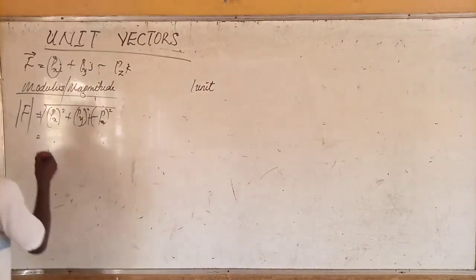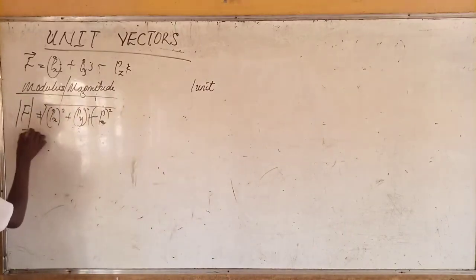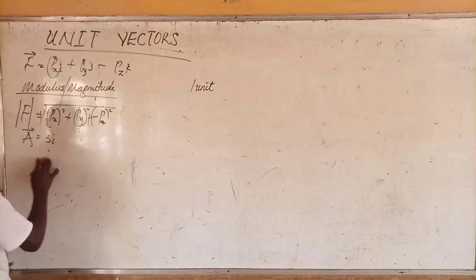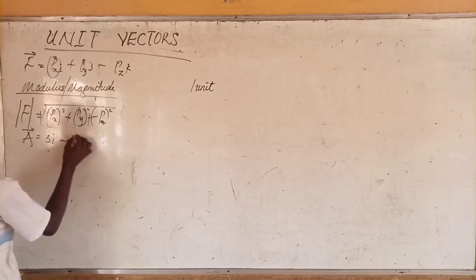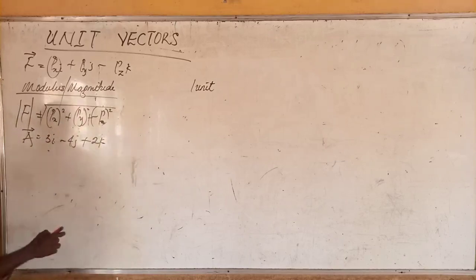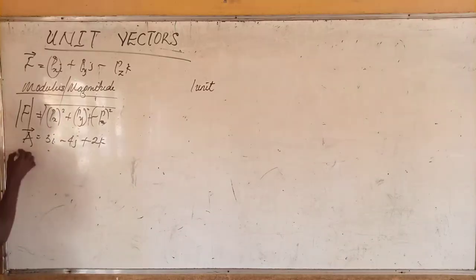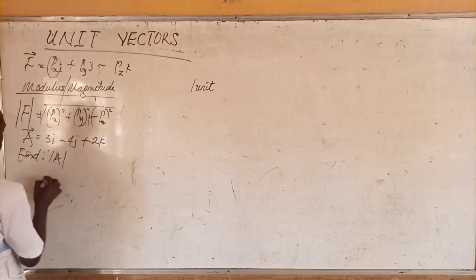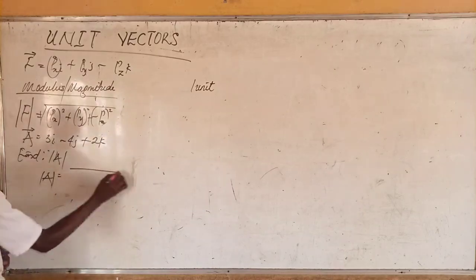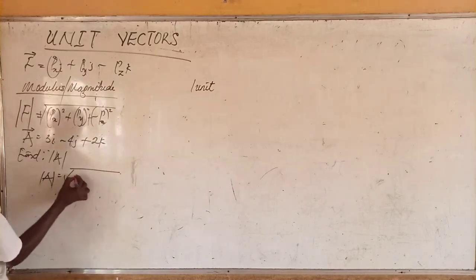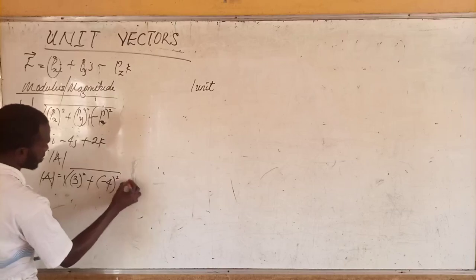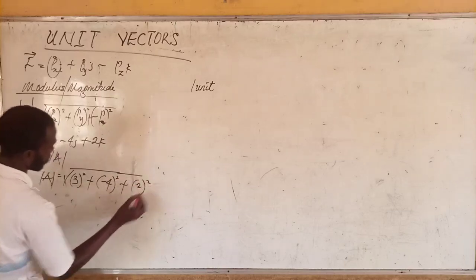So for example, if I said a vector A is represented by 3i minus 4j plus 2k, and I say find the magnitude, find the modulus. So what you do is you say the modulus will be equal to the square root of 3 squared plus minus 4 squared plus 2 squared, right?